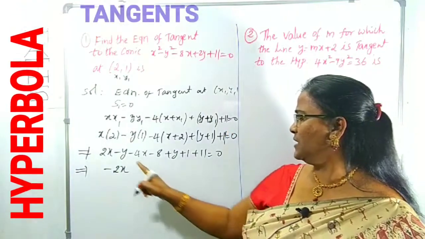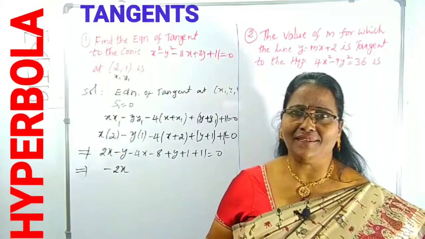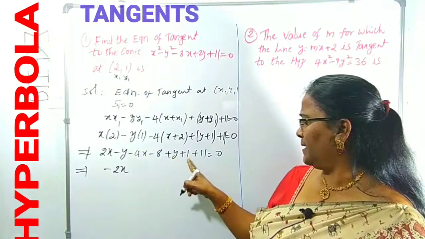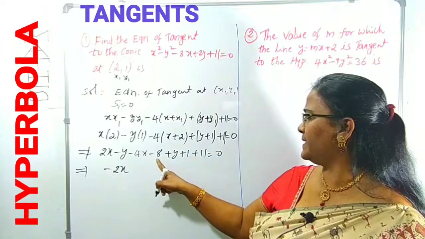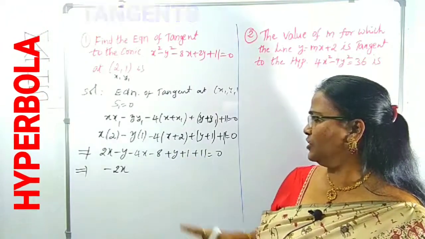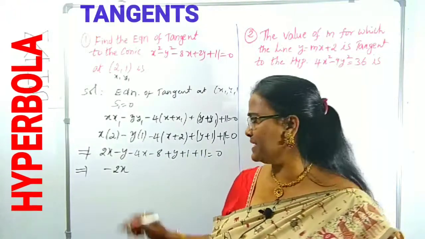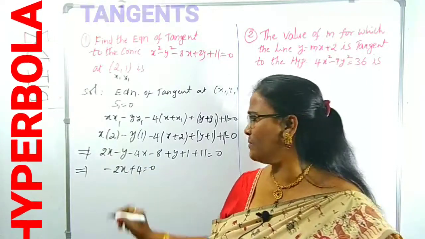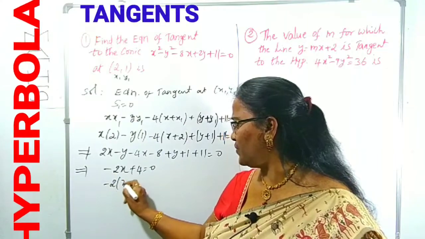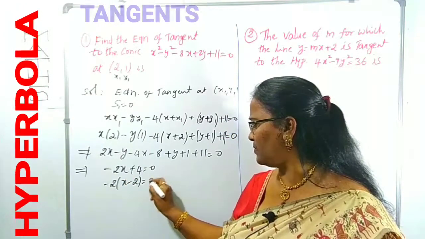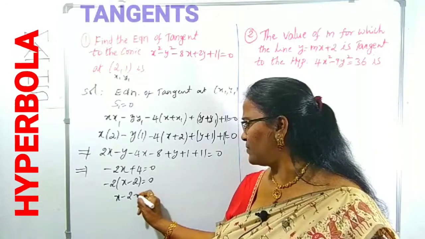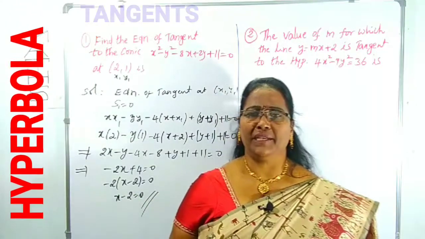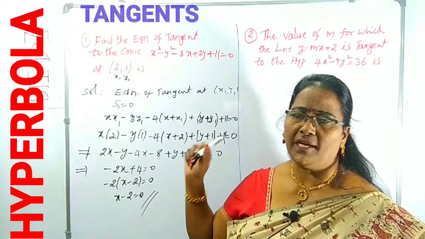And y terms: plus y minus y gets cancelled. The constants: minus 8, plus 1, plus 11. 11 plus 1 is 12. Minus 8 plus 12 is plus 4 equals 0. We can now take the minus 2 common. It becomes minus 2 of (x minus 2) equals 0. That is x minus 2 equals 0. This is our required equation of tangent at the given point with respect to the given conic, hyperbola.